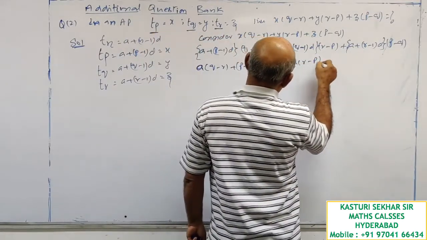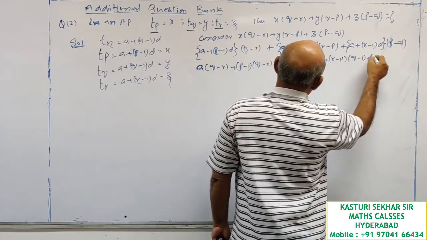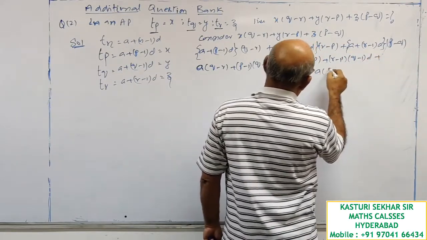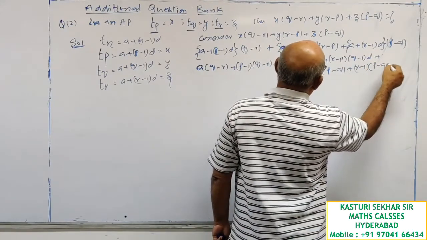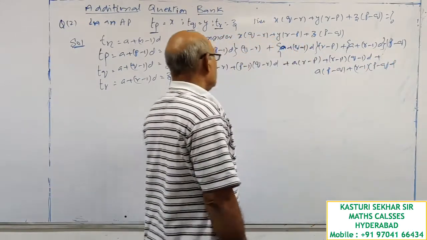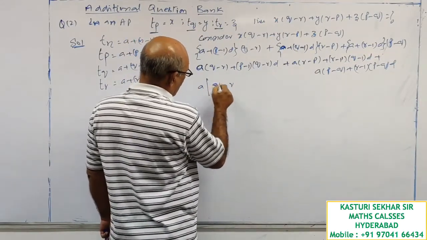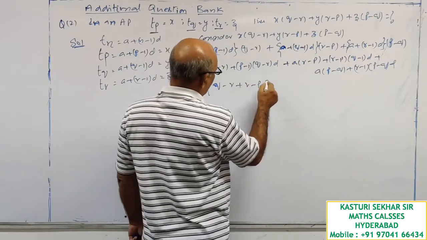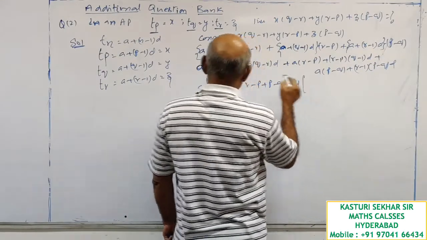A into (R minus P), (R minus P) into (Q minus 1) into D, A into (P minus Q), (R minus 1) into (P minus Q) into D. So you can take A common: (Q minus R) plus (R minus P) plus (P minus Q). I can take D common.